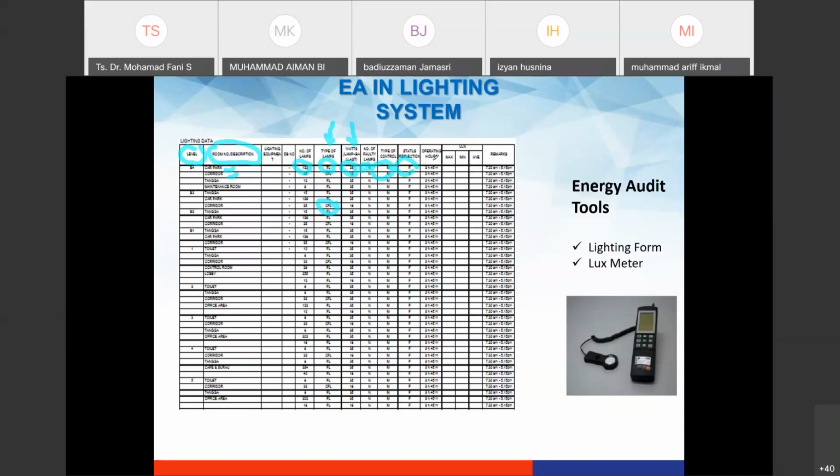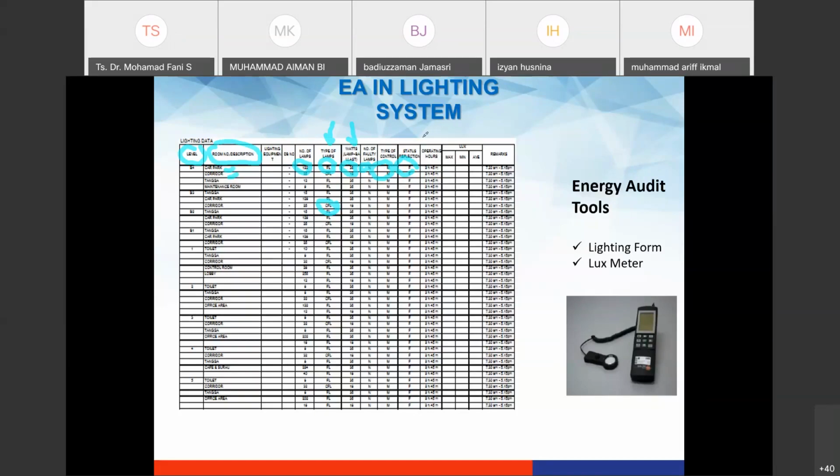Operation hours, okay, you can ask the owner of the building or from the record. So this one is the value for the operating hours. So how many hours those lights have been used, okay, in a certain area.